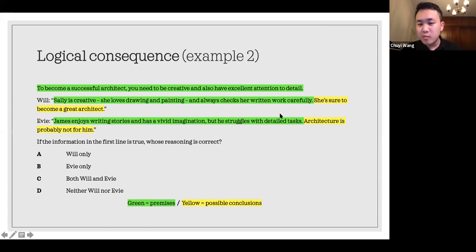But always checks her written work carefully doesn't necessarily mean that they have an excellent attention to detail. So therefore, the only person whose reasoning is correct is Evie. So the answer would be B. And a lot of people got this wrong, okay? A lot of people got this wrong because they were too quick to equate checking written work carefully with excellent attention to detail. Does everyone understand what I'm going on about?